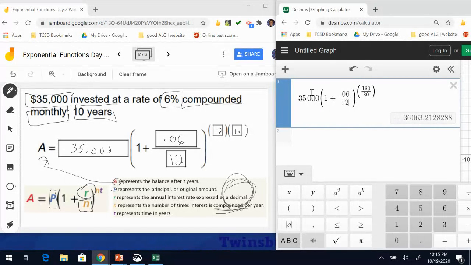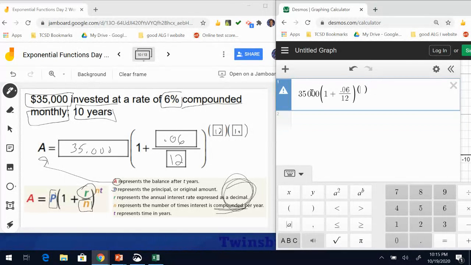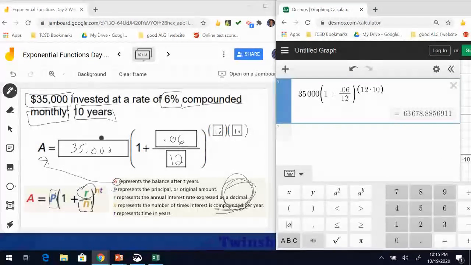So again, be careful because we're not done up there in our exponent. So in parentheses, I'm just going to say 12 times 10. So again, this is going to do all the work for me. I just need to make sure that I'm putting it in correctly and making sure it matches what I have here in that skeleton model, putting the numbers where they go, compartmentalizing it properly, and then making sure that that mirrors over there in Desmos.